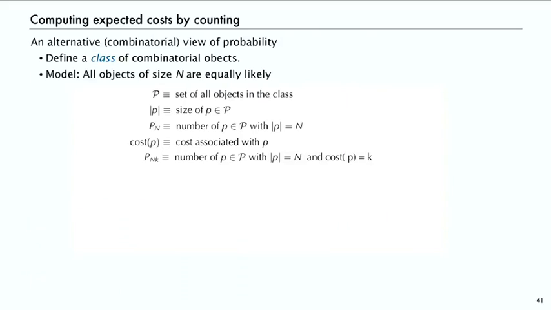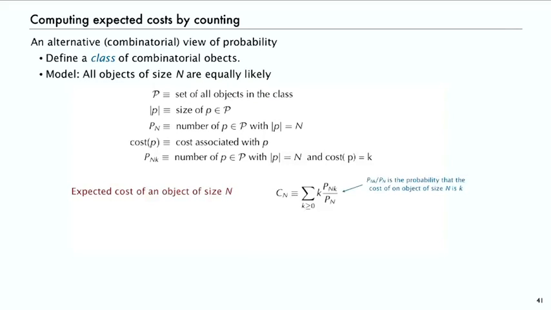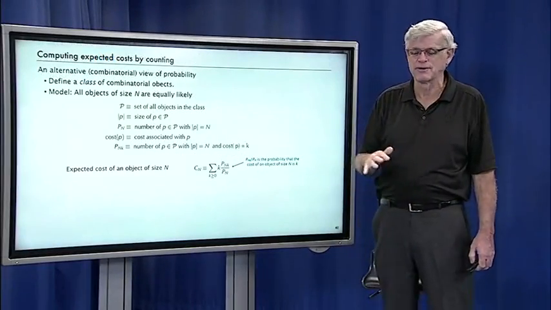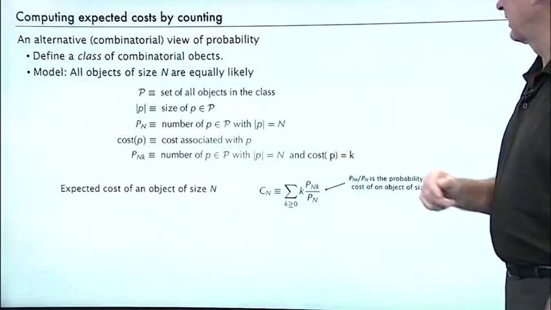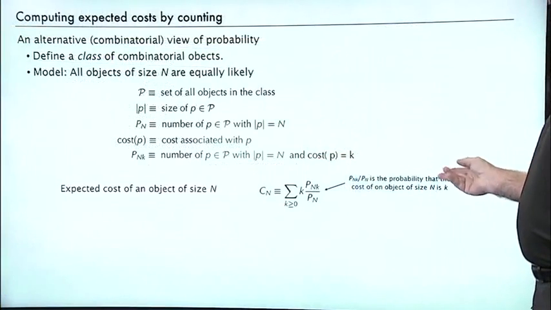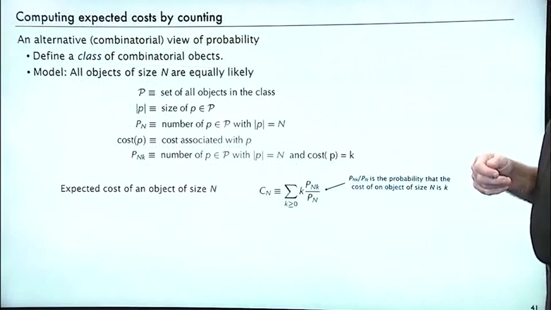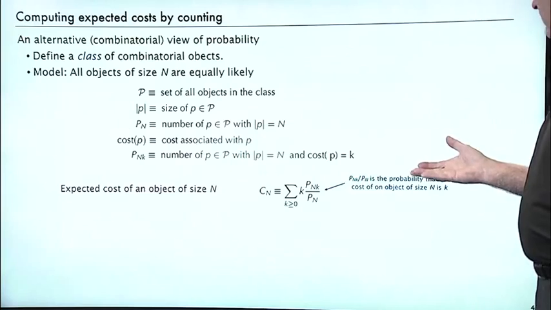We want to know that so we can do the calculation of the average value. The expected cost of an object of size n is going to be the probability that the cost of an object of size n is k, which is the number that have cost k divided by the total number, since we're assuming they're all equally likely, times k. That's the definition of the expected cost.